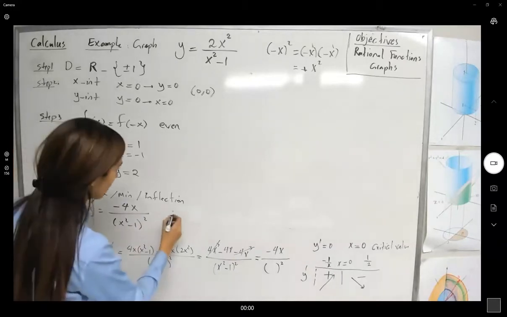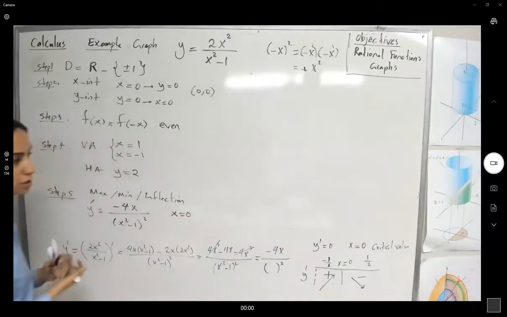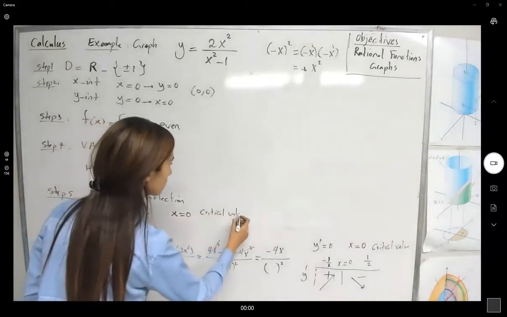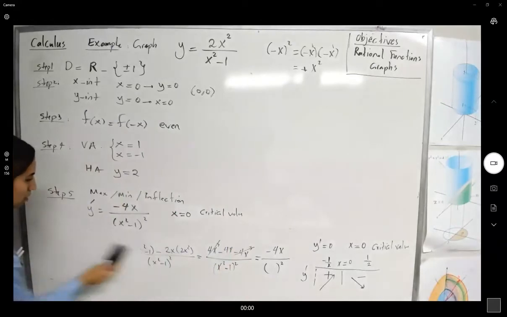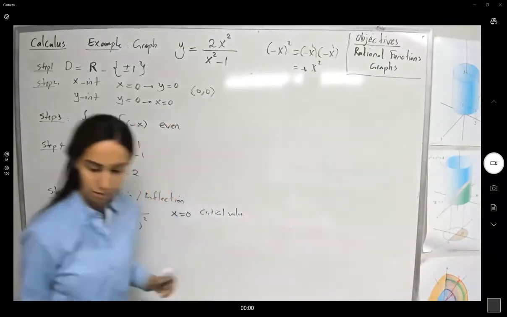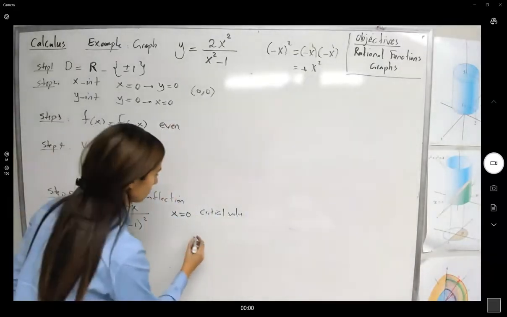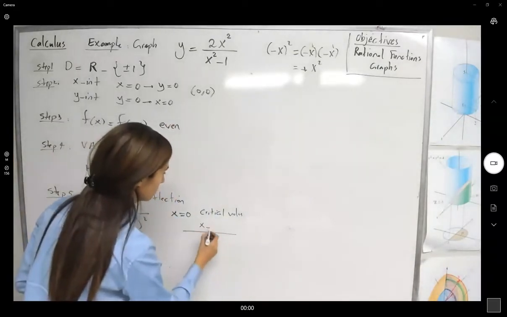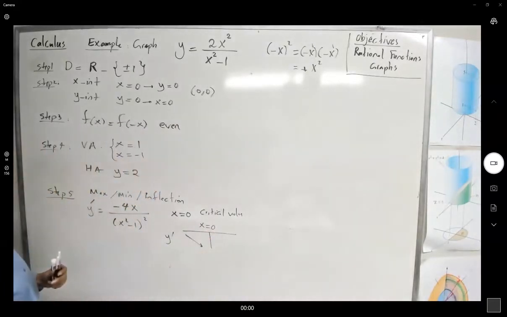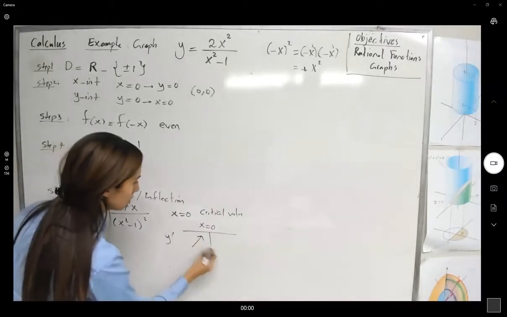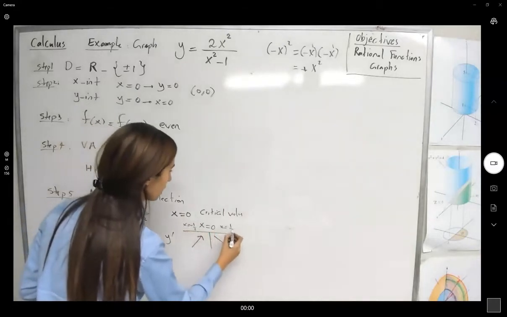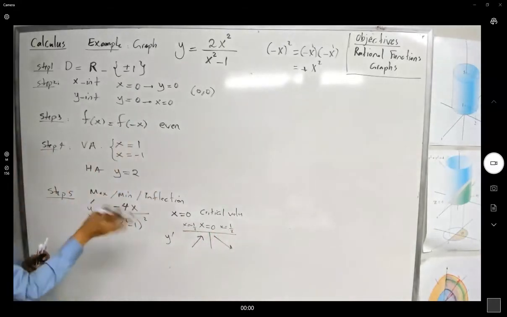And we saw that at x equal to 0, which is our critical value, this is the behavior of the derivative, going up and going down. Like if you plug in x equals -1/2, x equals 1/2, this is the behavior. The function goes up, then goes down.